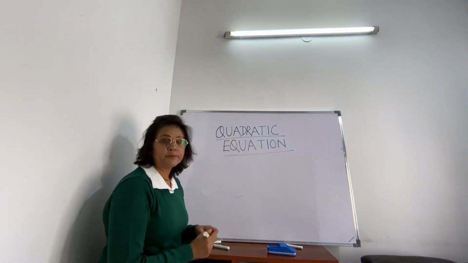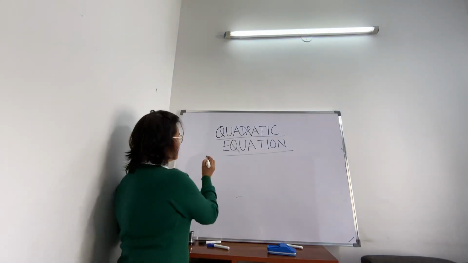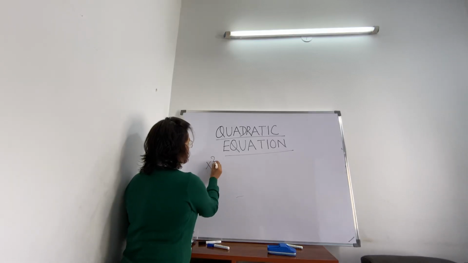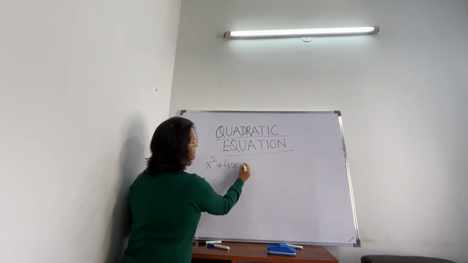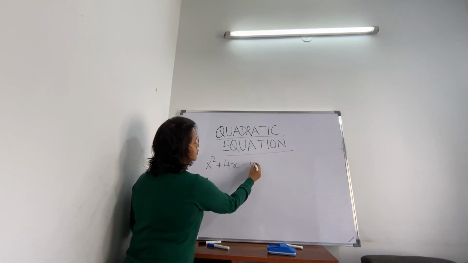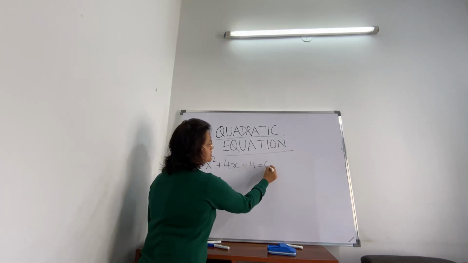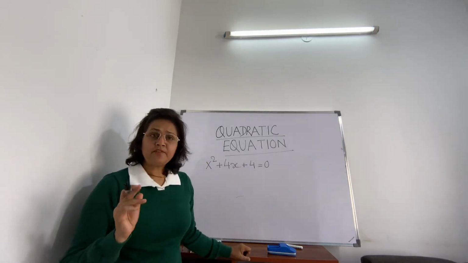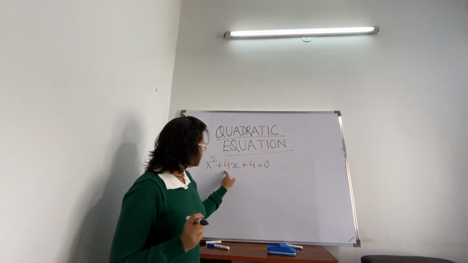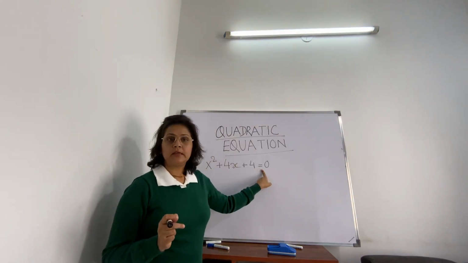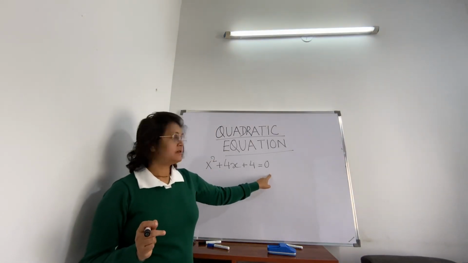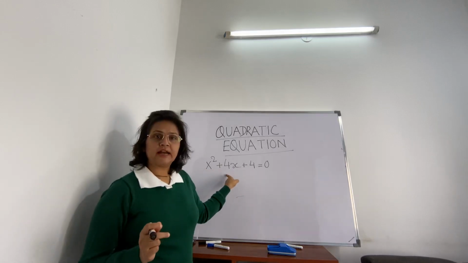So let's see. I have written my first equation, x squared plus 4x plus 4 is equal to 0. If I ask you the question, is it a quadratic equation? You will say yes. How do we know that?